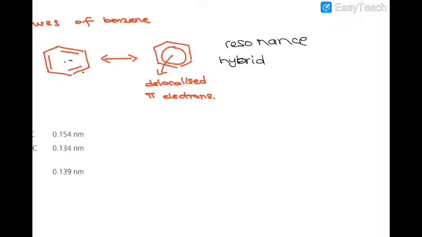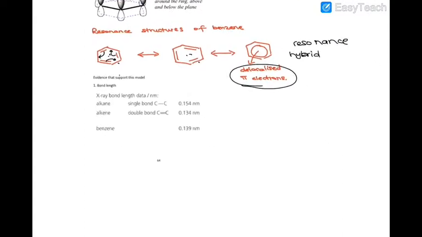And that ring here that we draw is the delocalized pi electrons. Now, what evidence supports this model is the bond length. When we do X-ray crystallography and we find the bond length of the carbon-carbon bond in benzene, we find that it's 0.139 nanometers.